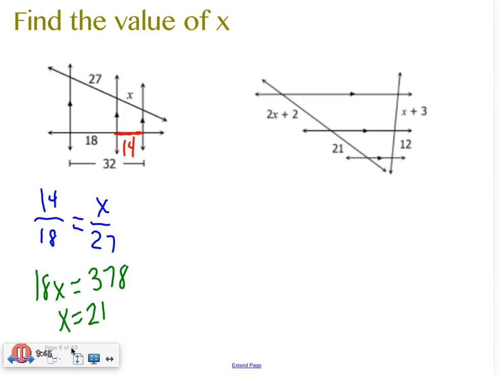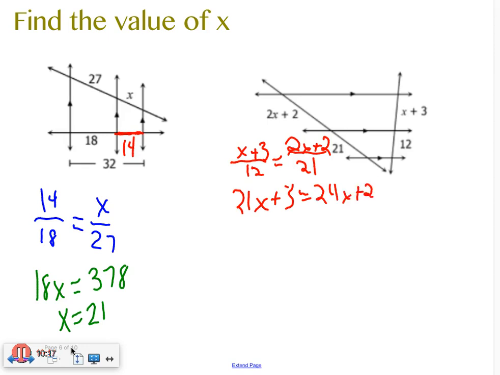Anyone want to go to the board? You take 21 times 32, right?